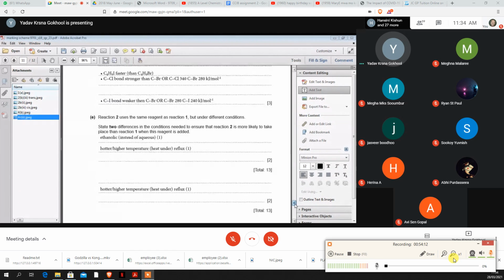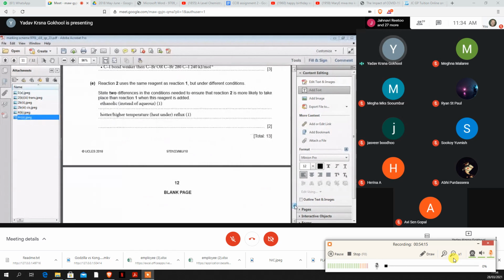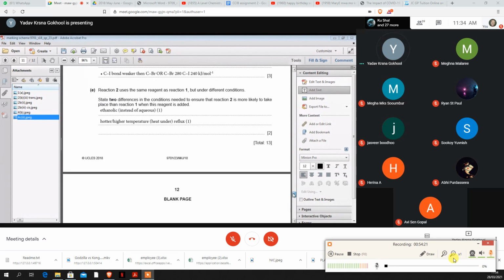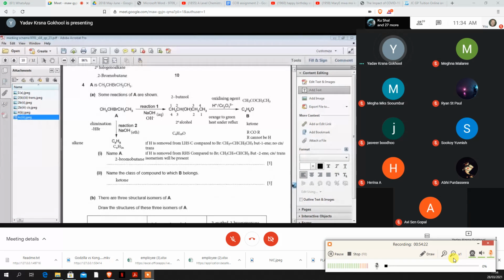Last part. Okay, we all know that for elimination it is ethanolic instead of aqueous. Now, last time a student had come with an idea of using NaOH and KOH. So if you have to give your own reagents, then you can use NaOH for hydrolysis over here.